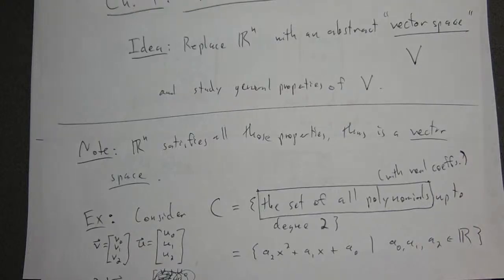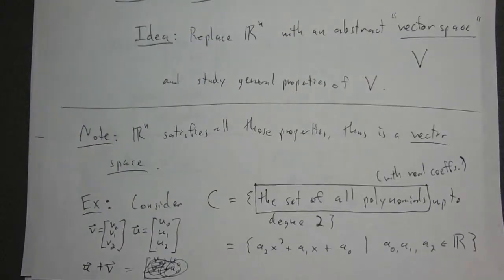In this course, we're not going to say too much about it. But you're being buttered up for later types of analysis you might want to do on more complicated spaces. And as someone said, the set of all polynomials up to degree 2 is the same as R3.